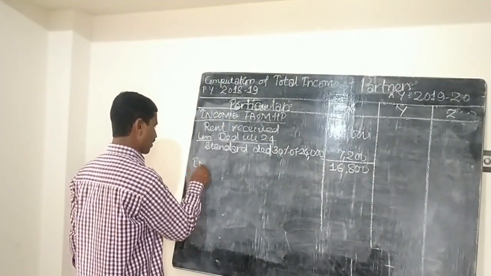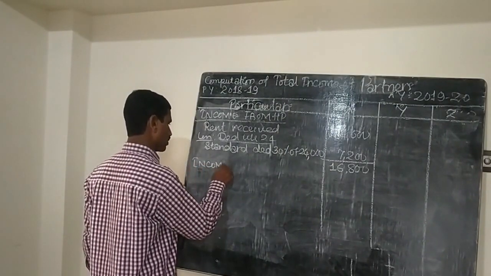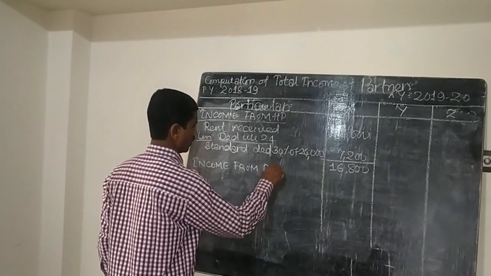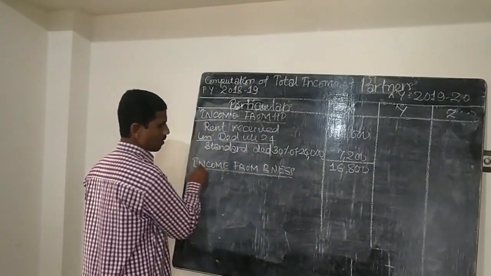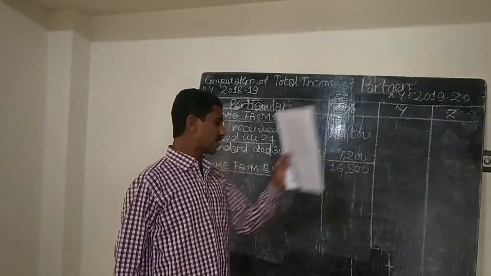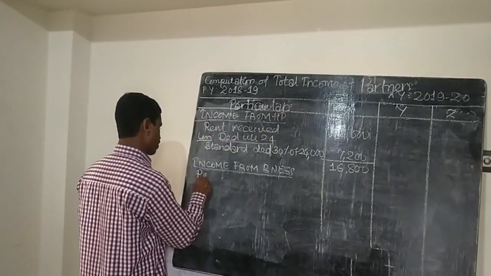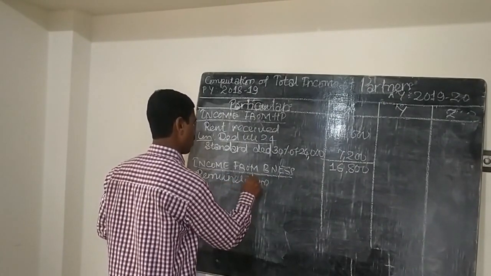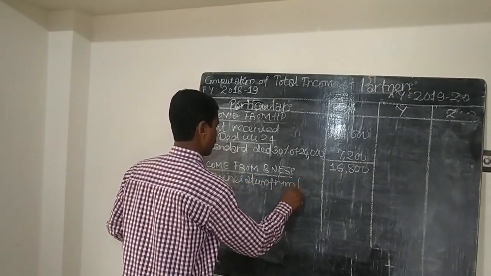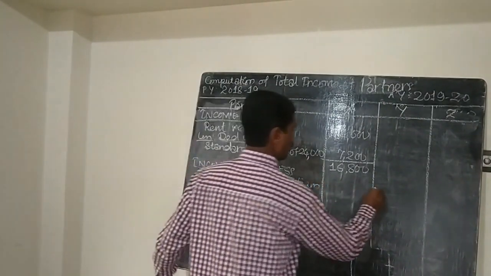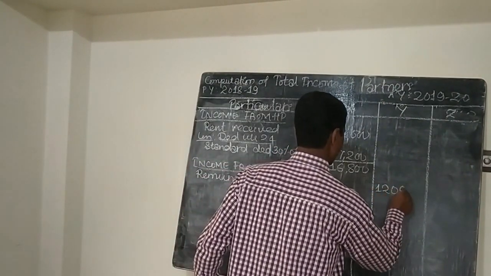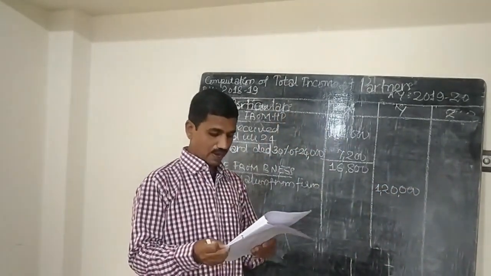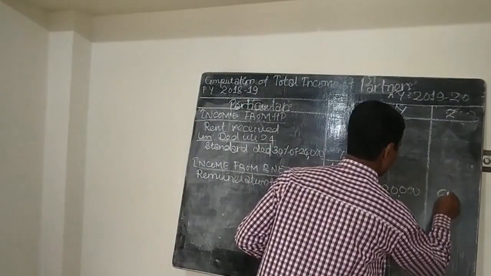So now let us go for income from business in case of partners Y and Z. So remuneration from firm 1,20,000 in case of partner Y, whereas in case of partner Z it is 60,000.